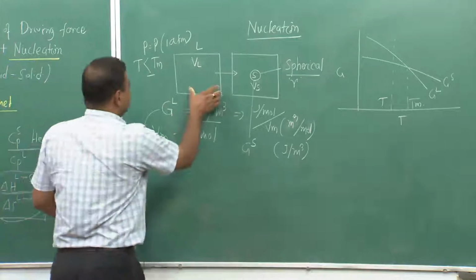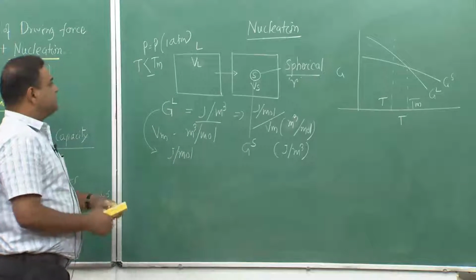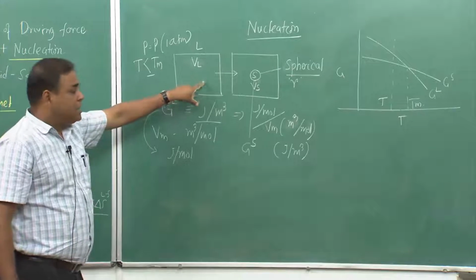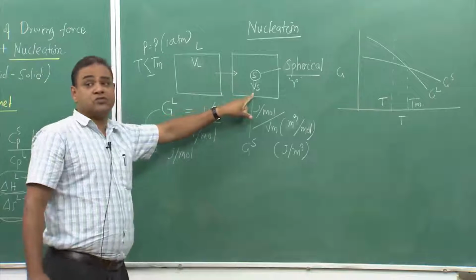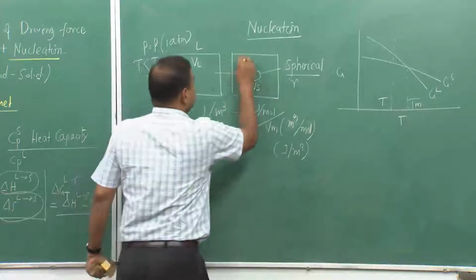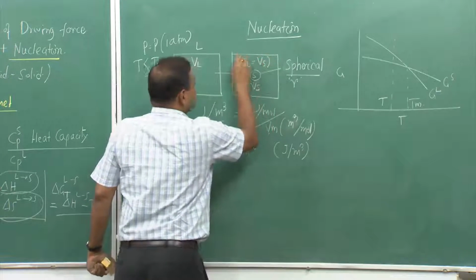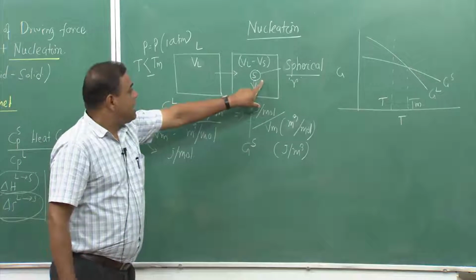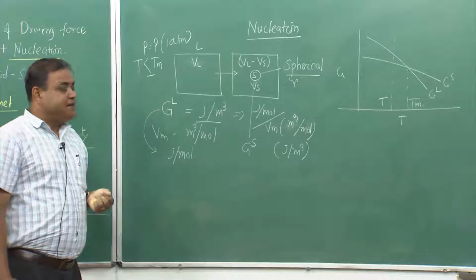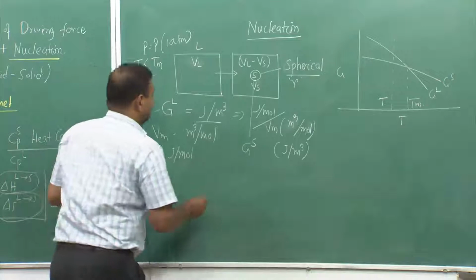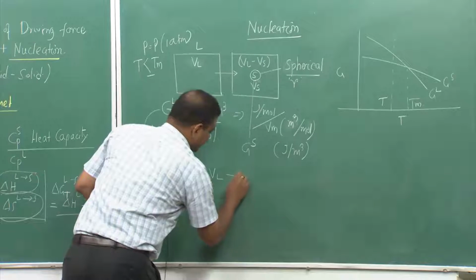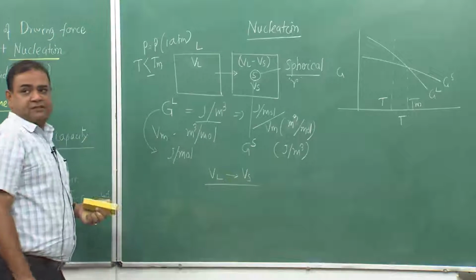Now, I can calculate the total free energy of this particular closed volume, and interestingly the volume of liquid is now VL minus Vs, because I have also taken a solid into consideration.